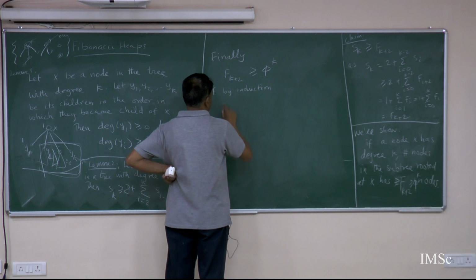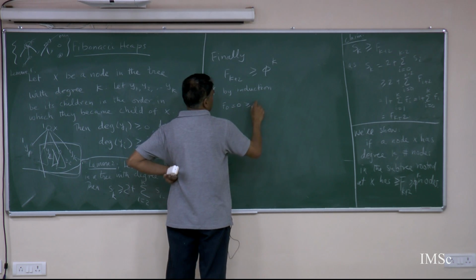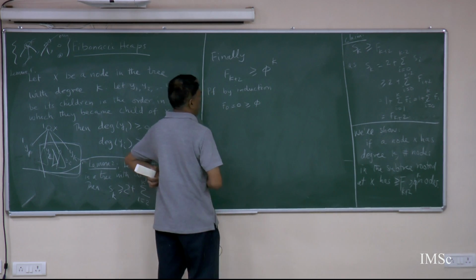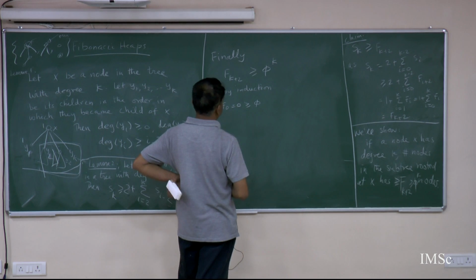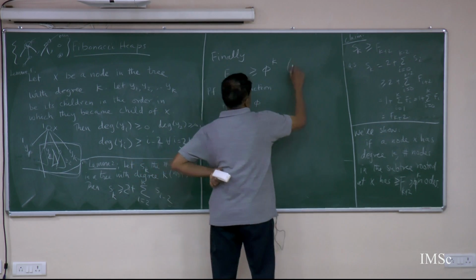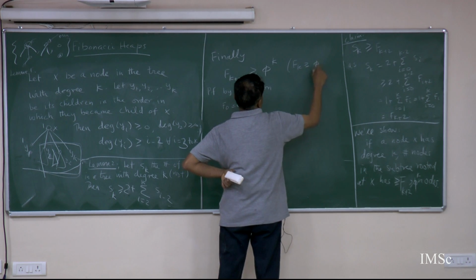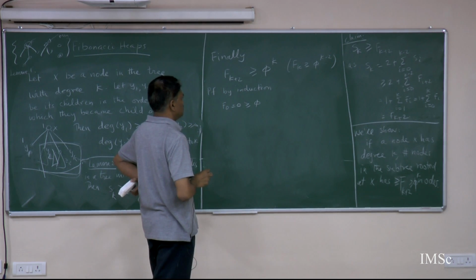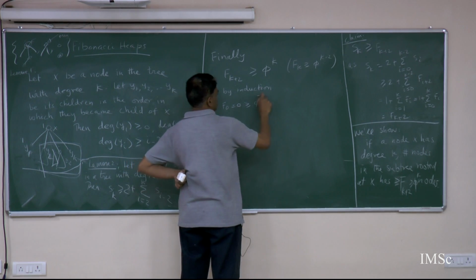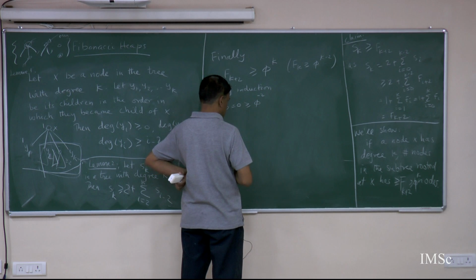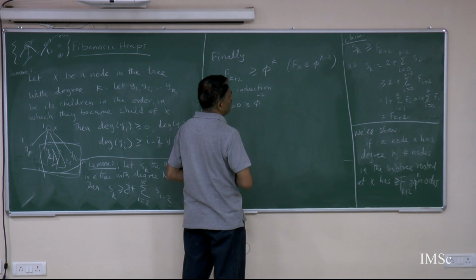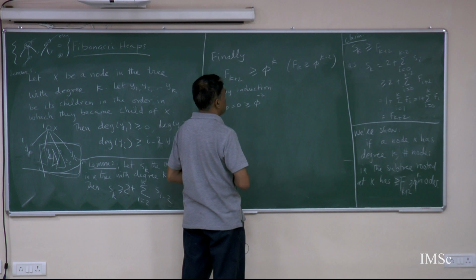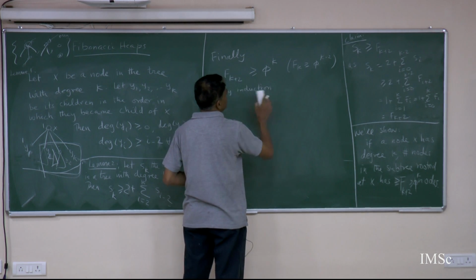What is it? F0 is 0, which is greater than or equal to. Actually what I want to say is that Fk is greater than or equal to phi to the power k minus 2. Or let's just try and show this for k going from 0.